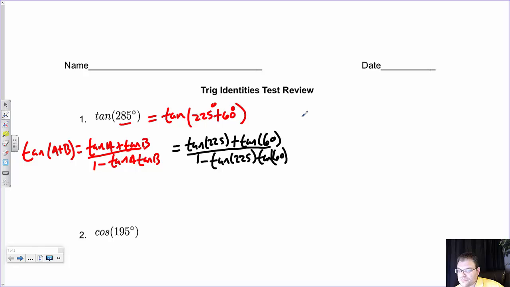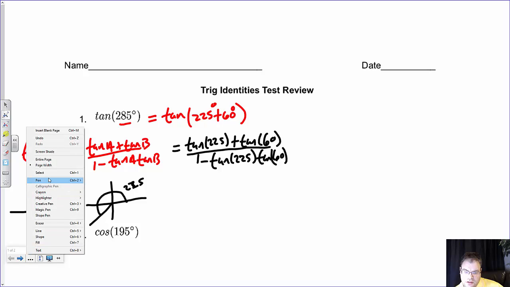All right. Now I have to figure out, well, what's the tangent of 225 and what's the tangent of 60, pretty much. So 225 is an angle that's about right here, right in the middle, in the third quadrant. That's 225. So get another color. Let's use green.